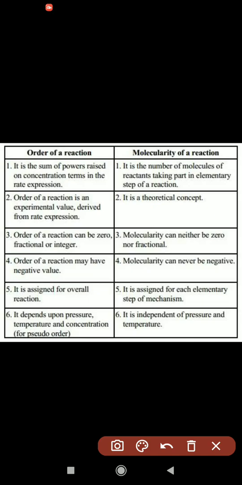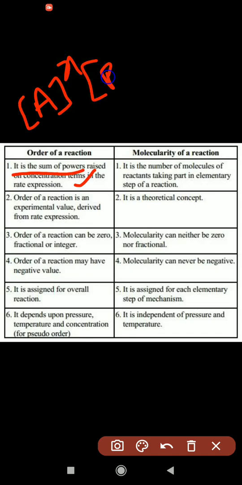It is the sum of the powers raised on the concentration terms in the rate expression. For example, if you have A to the power x and B to the power y in the rate equation, then the sum of the powers raised on the concentration terms. How much are the powers there?